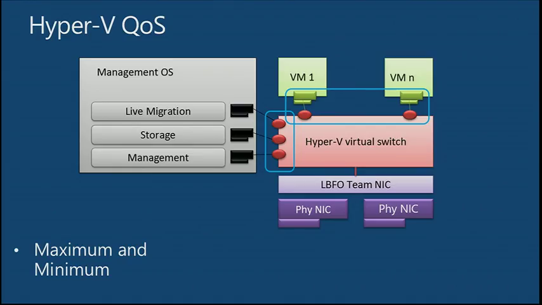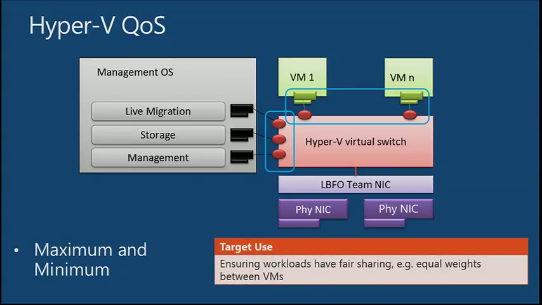So quality of service allows us to set maximum and minimum bandwidths on VM traffic, and so we can ensure that each workload gets their fair share of bandwidth, or a dedicated share of bandwidth. If you're charging on, we need this thing to have dedicated bandwidth, or you've got a VM that particularly requires dedicated bandwidth, Hyper-V quality of service allows us to do that.